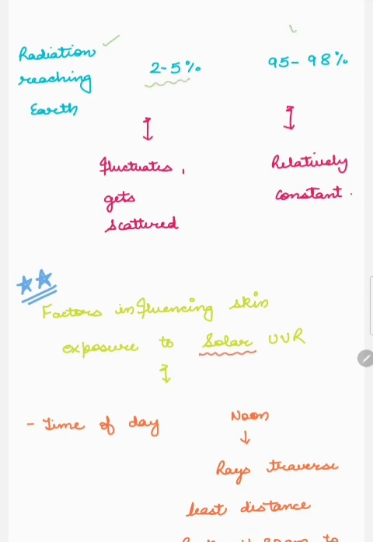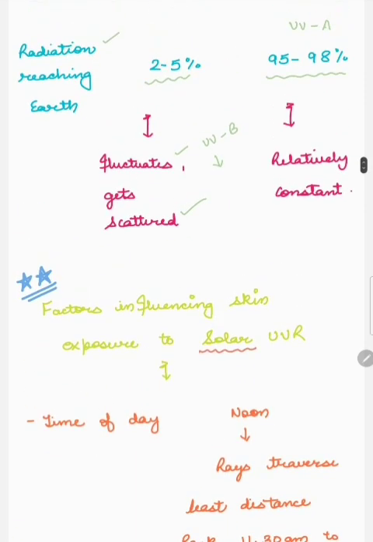And of all the UVA radiation generated by the sun, 95 to 98% of it will reach the earth. Because the wavelength of UVB is less, it will get scattered. So its reaching will fluctuate. Sometimes it will be 2%, sometimes it will be 5%. UVA, on the other hand, is relatively constant.